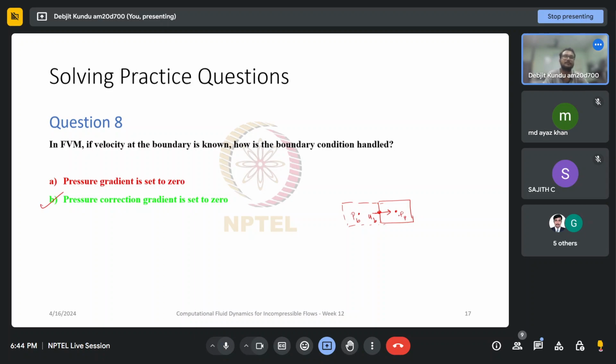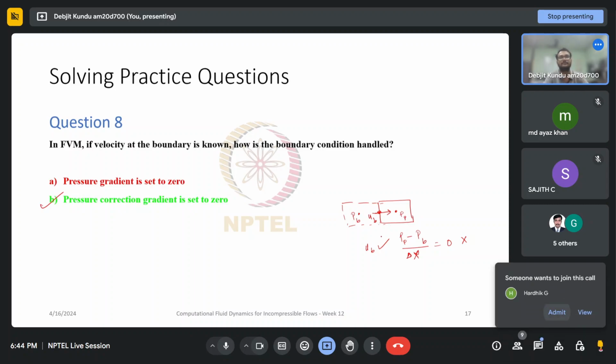So here UB is known, but that doesn't mean that PP minus PB by some delta X will be 0. No, this can be some positive value, right? More important, not positive, any finite value. In fact, if it's not finite, then this won't drive the velocity in the first place.